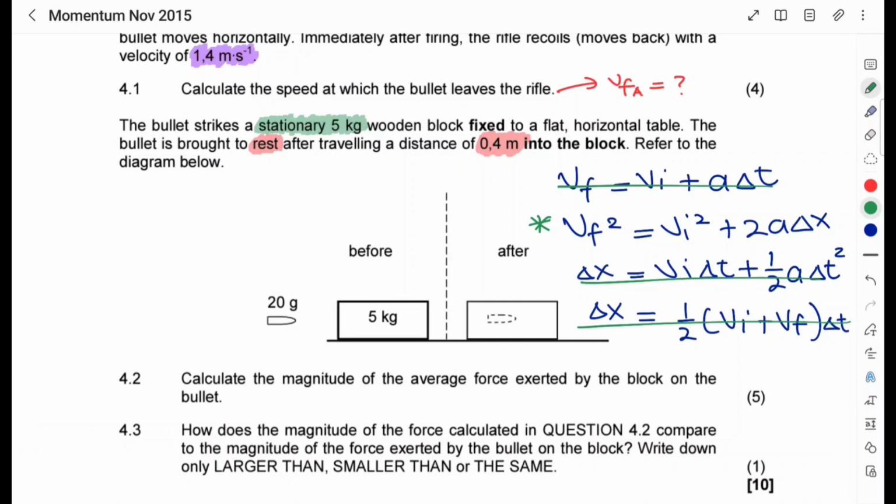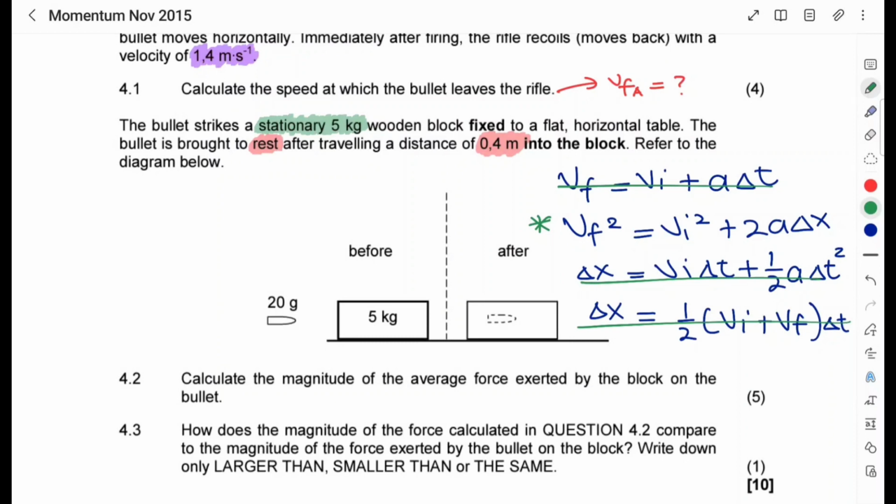On a side note, if you want to use formulas 1, 3, and 4, you can use formula 4 to calculate time, take that time value, and then calculate acceleration. An alternative approach would be to use formula 4 or formula 1 or formula 3 and calculate change in time.